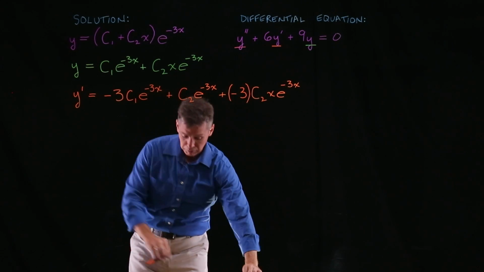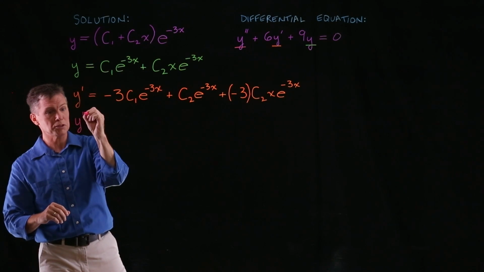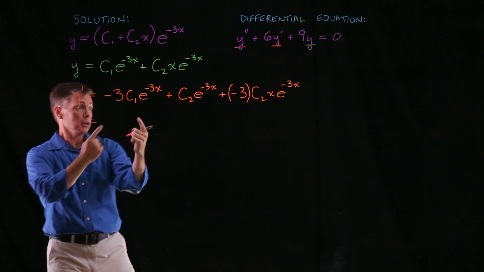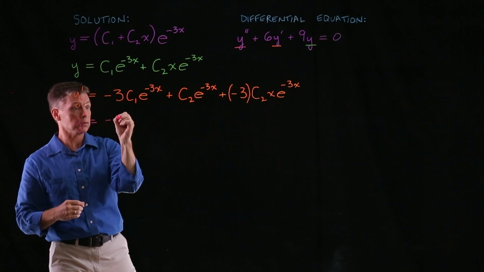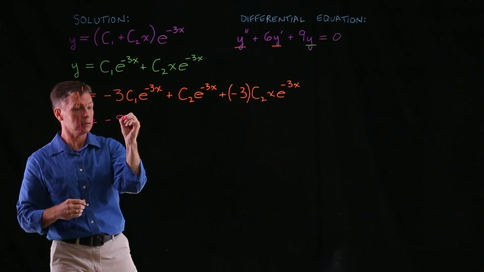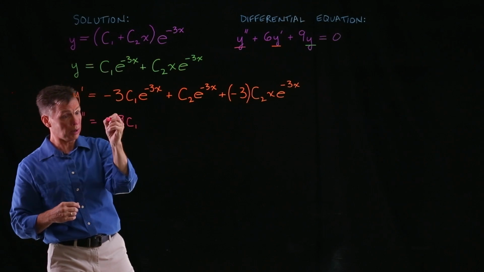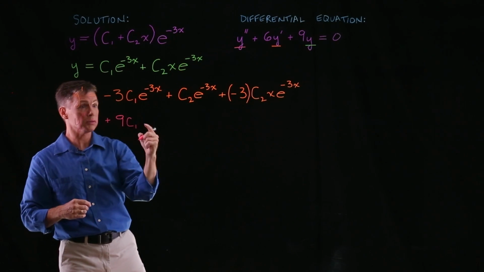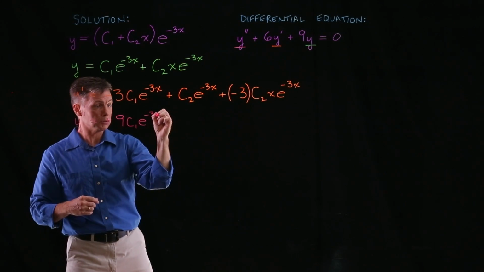Now I need my second derivative. So I'll differentiate this expression. And I'm just looking right here and going right down the lines. So minus 9, 3 times 3, C1, that actually is a positive, right? Plus 9 C1 e raised to the minus 3x.